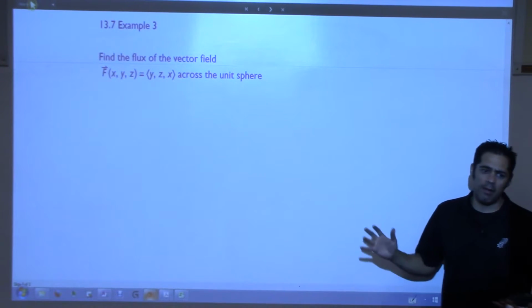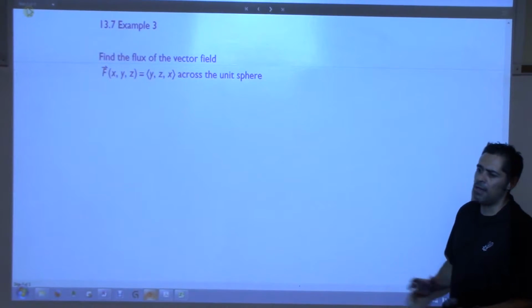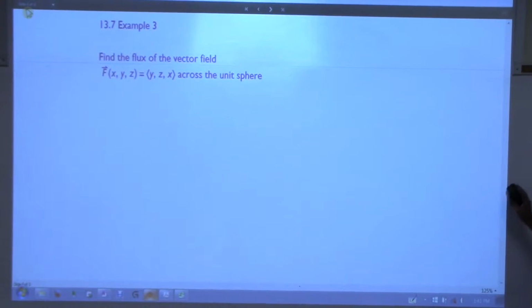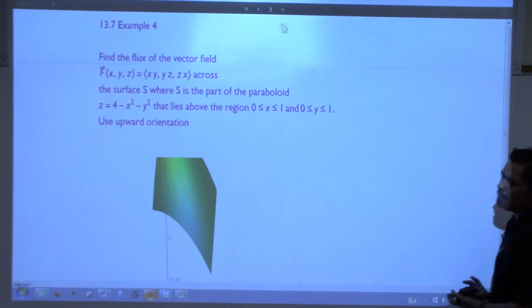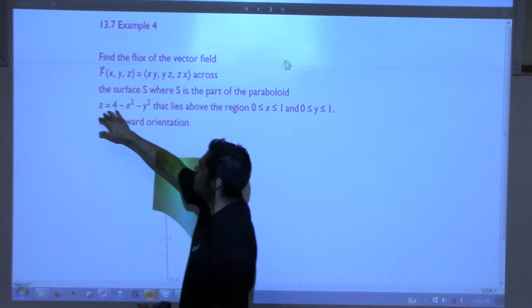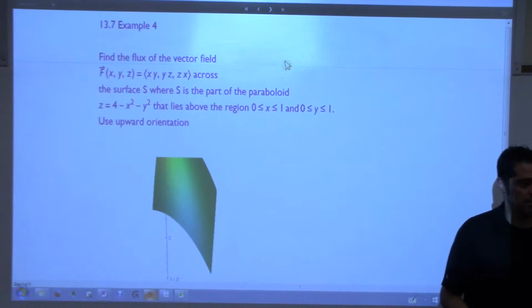There was no way around it. There was no shortcut. We just had to do it that way, and we ground out the answer. That was the first example I did of flux. The next example I did, we realized that the surface could be written as a function of 2 variables, and so we used a special case.